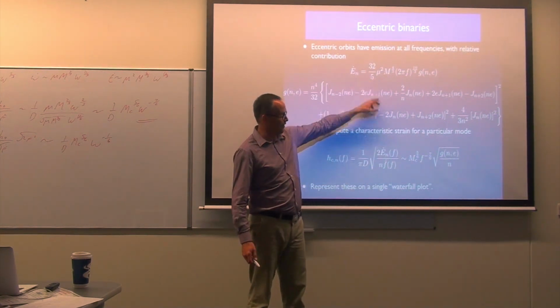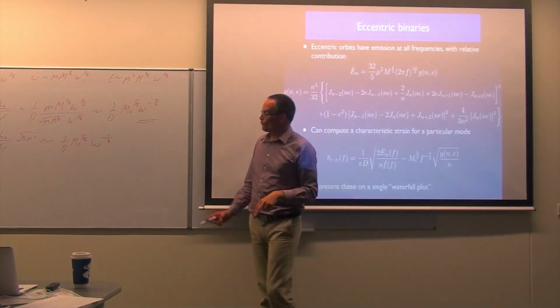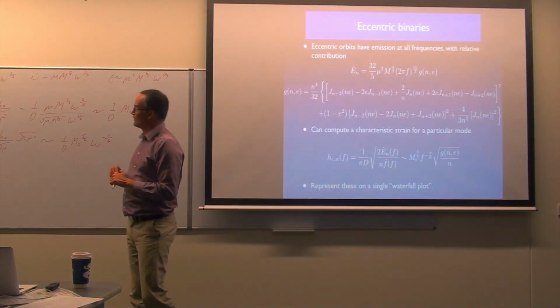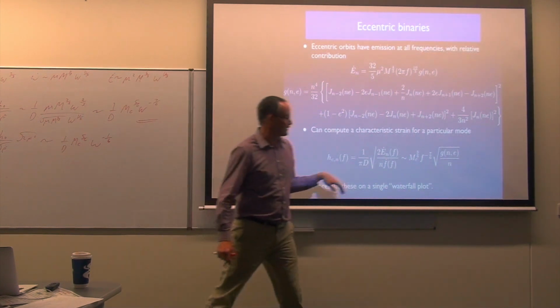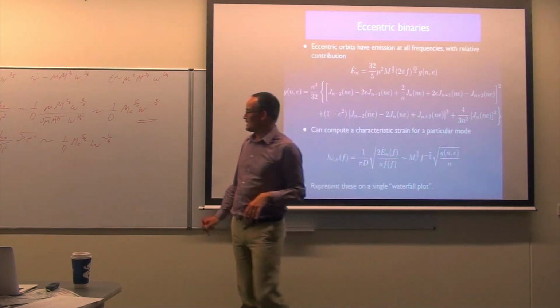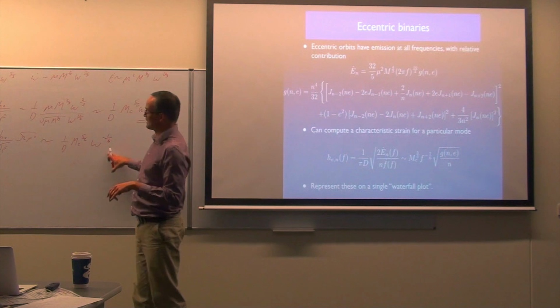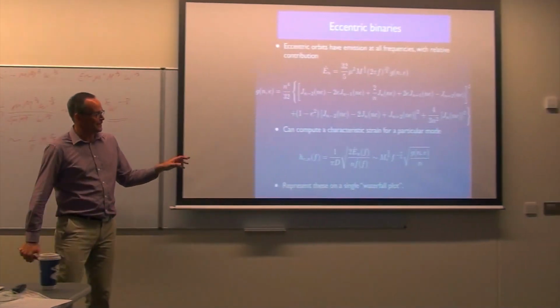And you basically find this characteristic strain is enhanced by a factor of root g over n. Just contradicting myself because there's an f to the minus 7/6 here and we've got an f to the minus 6 here. I haven't got this factor right, so sorry about that.